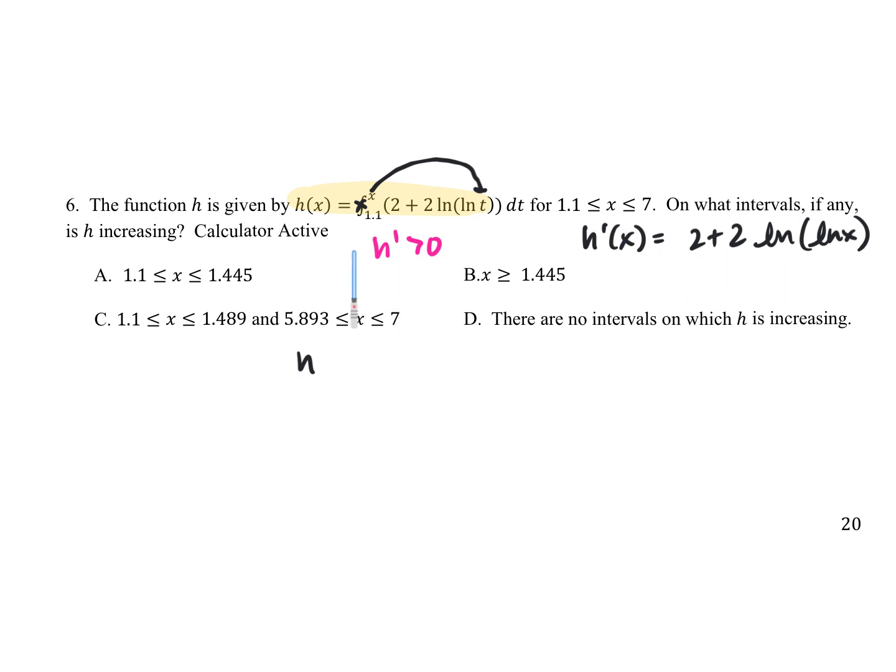You said with a calculator, we need to go figure out where h prime is greater than 0. We have h prime. Everybody, go to that y equals screen, please. We're going to graph that: 2 plus 2 ln of x. And we need to change our window. We're going to want from 1.1 to 7. Go change your x min and your x max to be 1.1 to 7.